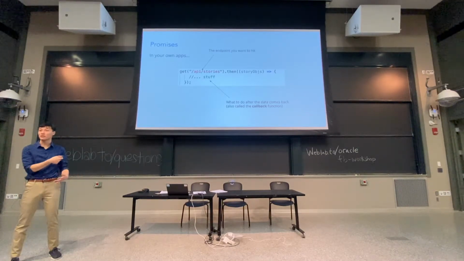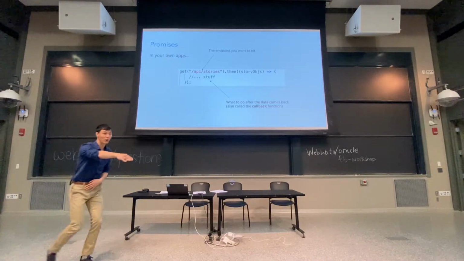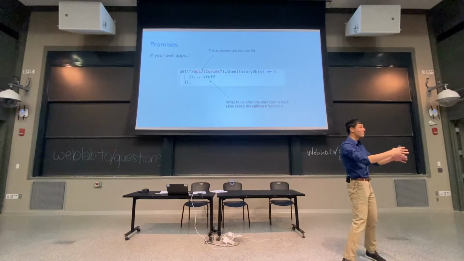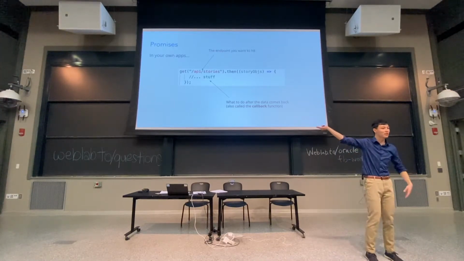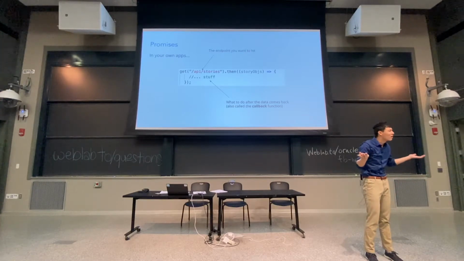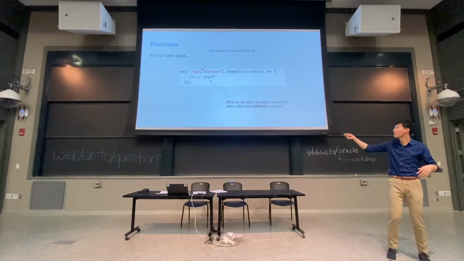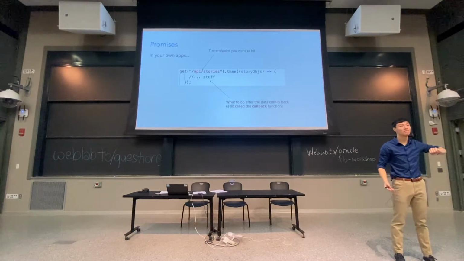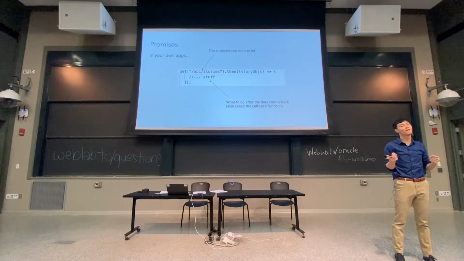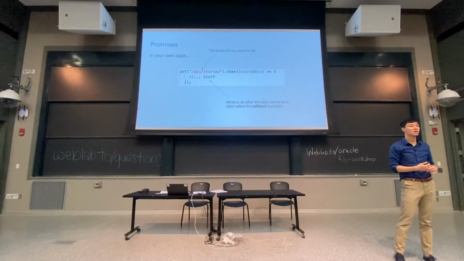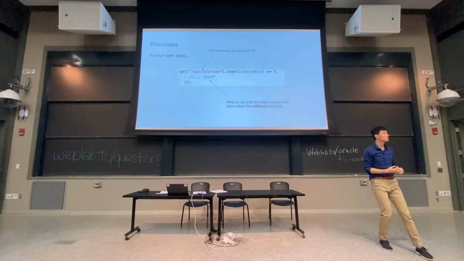That doesn't work because JavaScript is going to get to the get request and run it, but nothing's come back yet, so temp is still empty. And then we console log it, and there's nothing there, right? So the promise makes sure that we wait for the get request to come back before we do anything else. So it's enforcing synchrony on this particular block. That's the answer. Other questions?